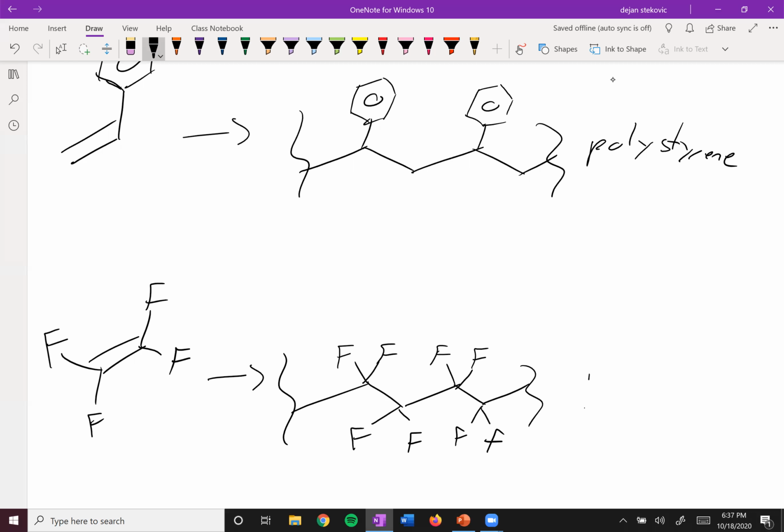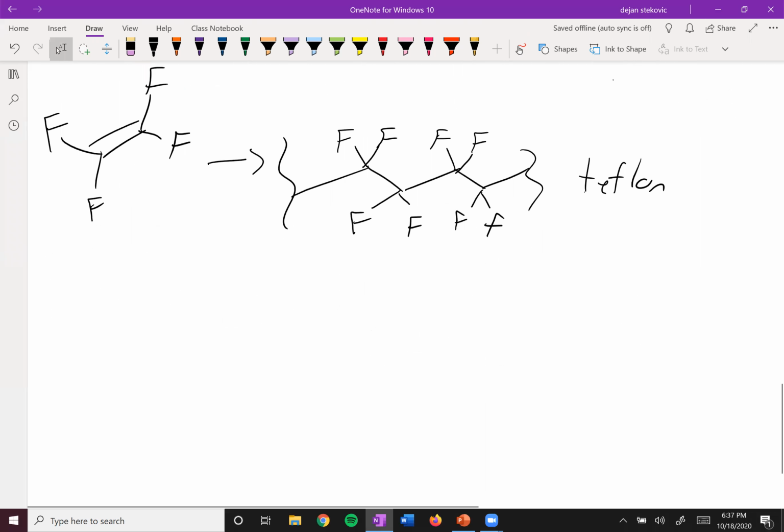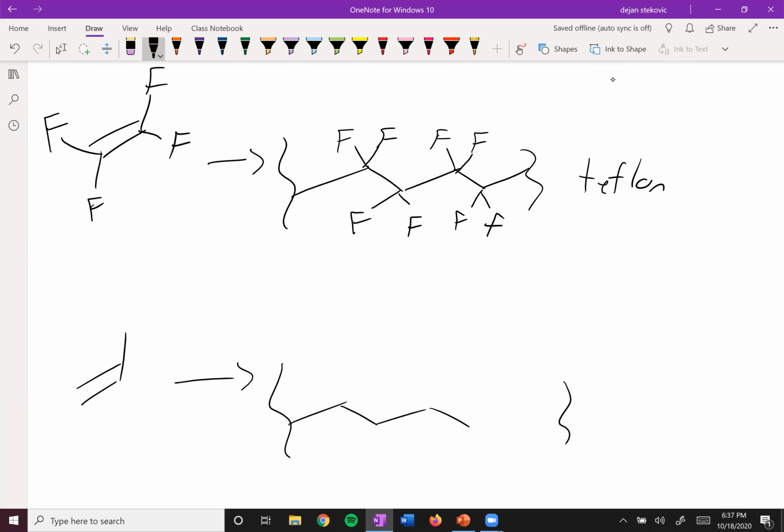You'll get Teflon, right, which is used as non-stick, and it's non-reactive, right? These carbon-fluorine bonds, as we've seen, we don't really do much with them because they're super strong. And then if you just have a methyl group, you'll get polypropylene.